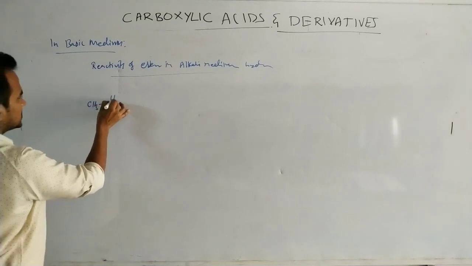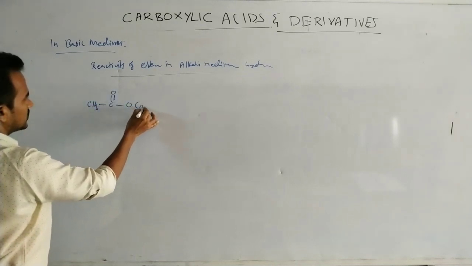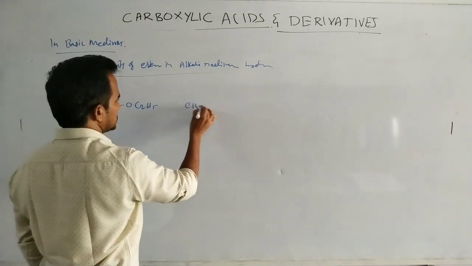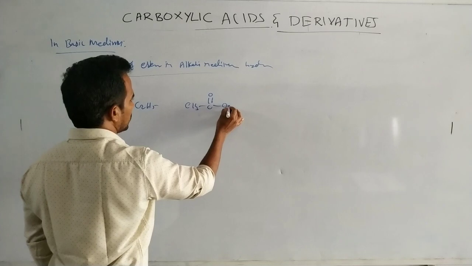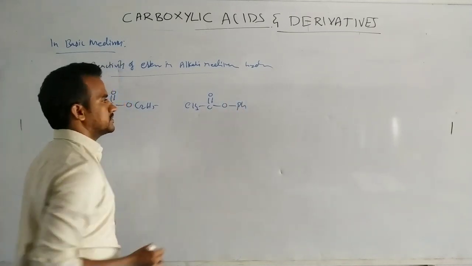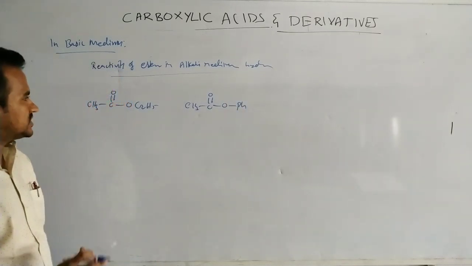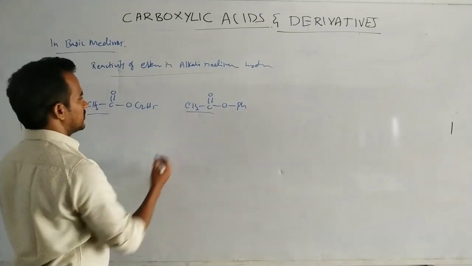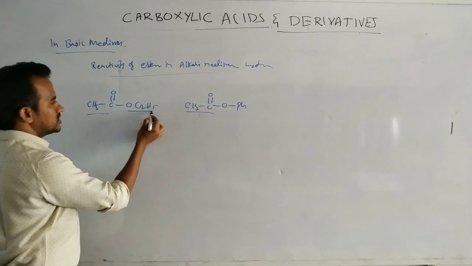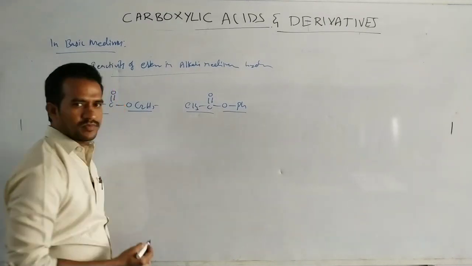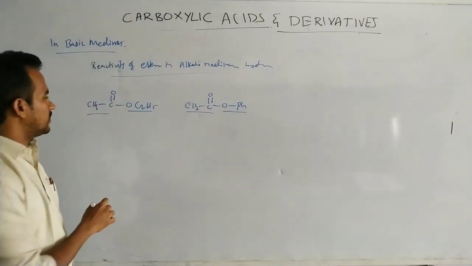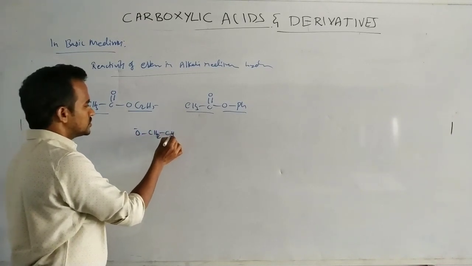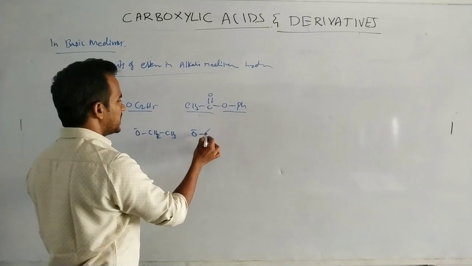First, suppose CH3C=O OC2H5 and CH3C=O OPh. Which is more reactive in ester hydrolysis? Here OC2H5, here OPh. Now which is the better leaving group? O minus CH2CH3 or O minus phenyl.